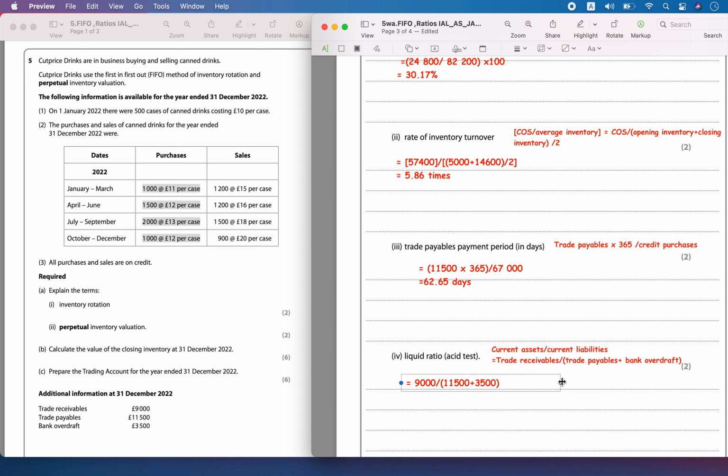So that is equal to 0.6. Okay. And since this is a ratio, how will you express it? This is going to be equal to 0.6 is to 1.